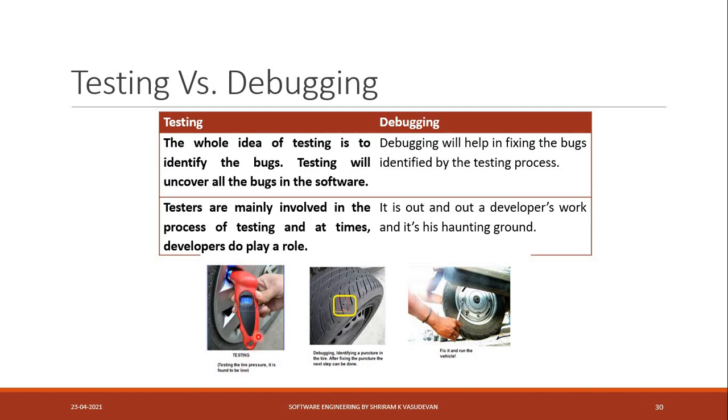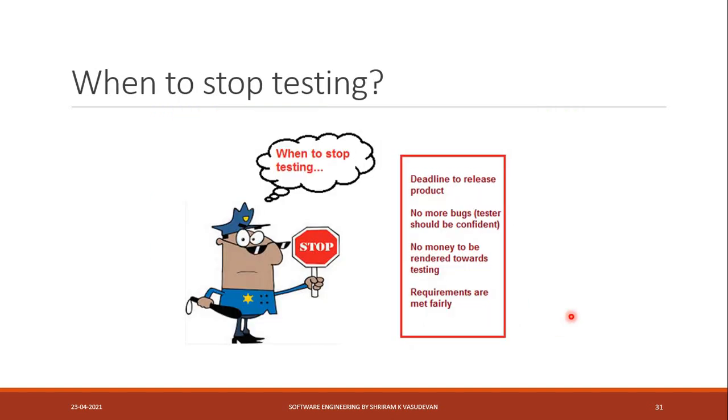I am testing the tire pressure. It is found to be low. Now I debug, finding where exactly the problem is in the tire. I found that there is a nail which is troubling the tire, and I now remove it and fix the puncture. This process of identifying where the error is is called debugging, and then you need to fix it. So this is a very important interview question: what is the difference between testing and debugging?